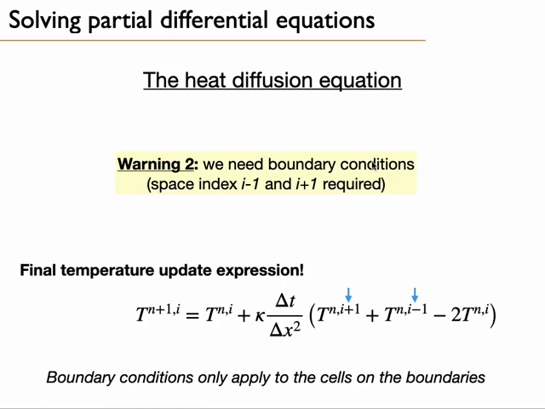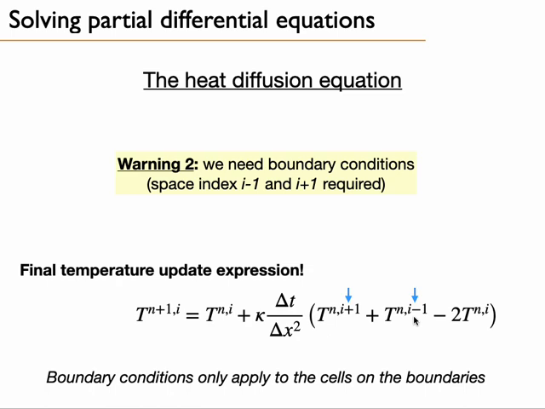Second warning is that we need boundary conditions. We have space index i plus 1 and space index i minus 1. So if we are sitting on a node of position i, we need to be able to access information at i plus 1, the neighbor to the right, and to access information at i minus 1, which is the neighbor to the left.